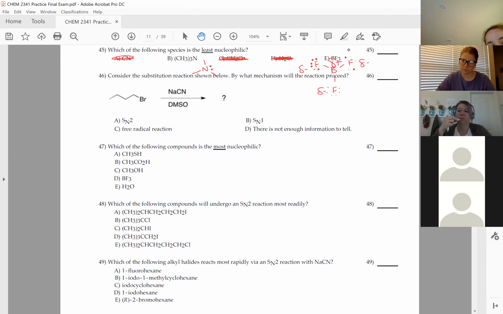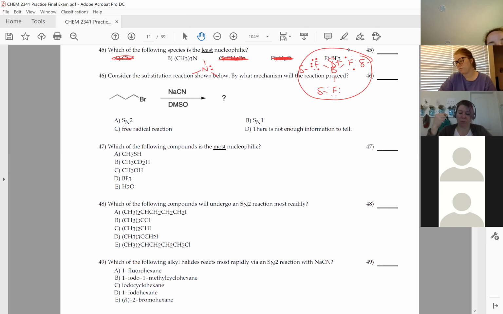The fluorines have tons of lone pairs, but do they want to make another bond? No, halogens make one bond. So is there anything in this compound that could make another bond? No, it's actually a good electrophile. It's a Lewis acid, whereas the amine has a lone pair and actually acts as a Lewis base.